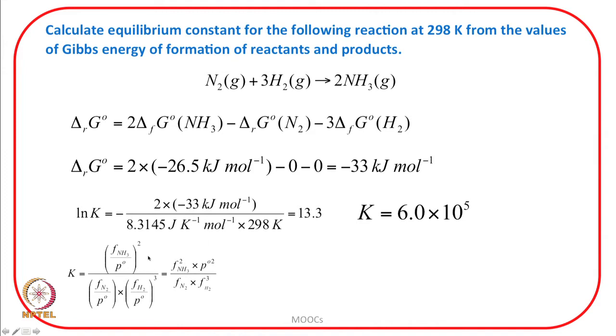So, this expression after you cancel P naught turns out to be fugacity of ammonia raised to the power 2 over fugacity of nitrogen into fugacity of hydrogen raised to the power 3. This is as predicted by this equation, and it will also have a term P naught raised to the power 2. So, that overall here 2 plus 2 is 4 and down there in the denominator 3 plus 1 is 4, total stoichiometric numbers are same, and therefore, finally, there is going to be no unit.